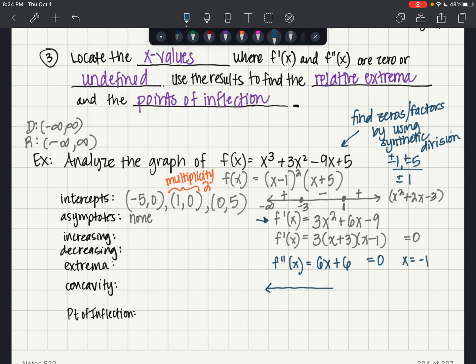So we're going to draw our number line, and we're testing this into our second derivative. So I have negative 1 here. When I put in a negative 10, I'm going to end up with a negative output. And when I put in a 0, I end up with a positive output.